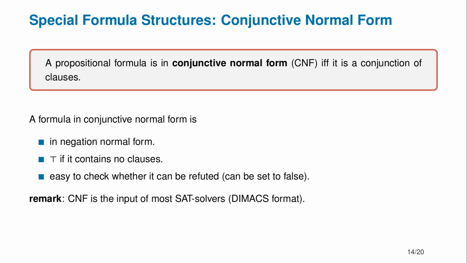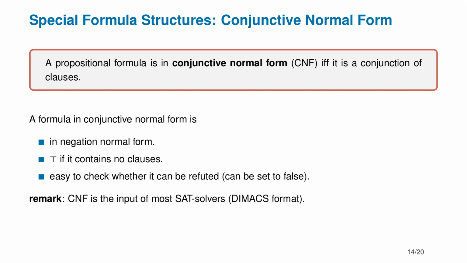And any propositional formula can be translated to an equivalent formula in conjunctive normal form, and this conjunctive normal form has a lot of advantages. We have in principle sets of sets as a data structure, and there are a lot of techniques that work on this restricted structure either better, or they do not work on arbitrary formulas, such as simplification techniques.